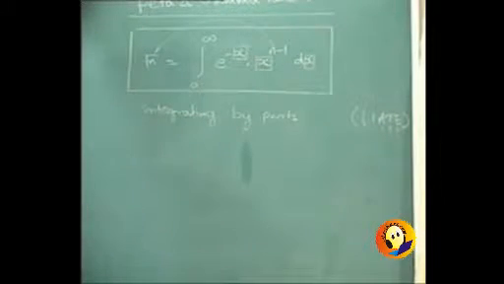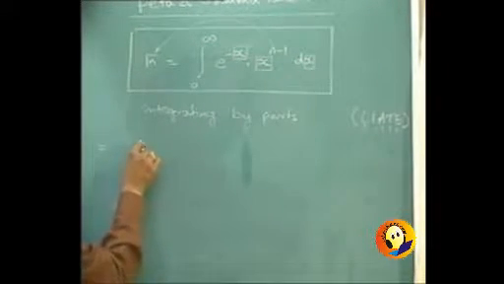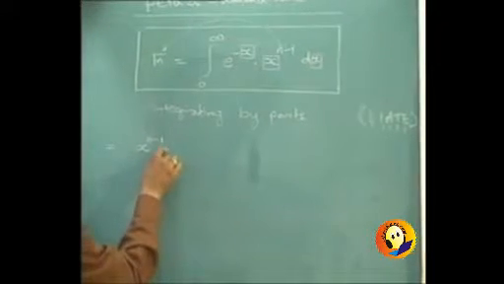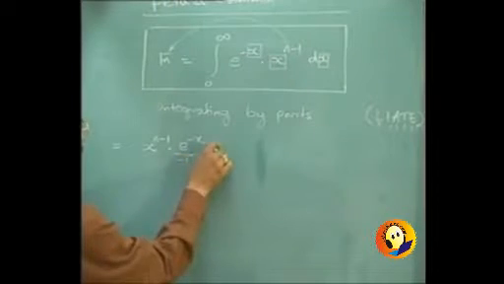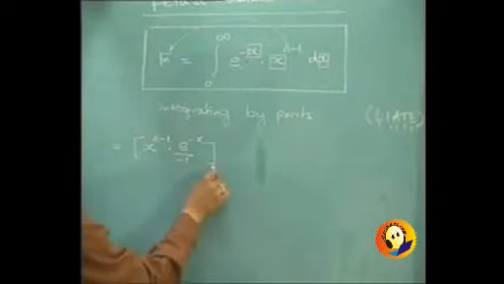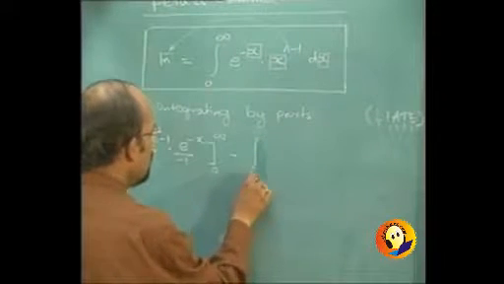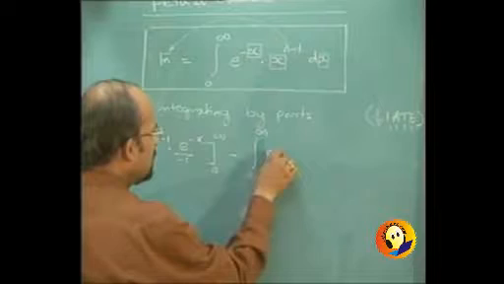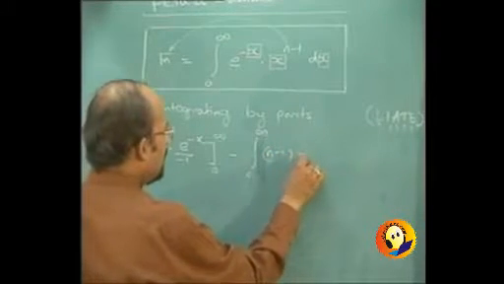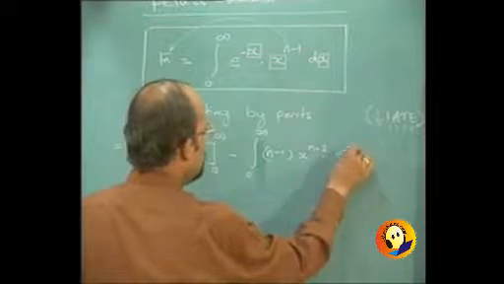If we integrate it by parts, we get: retain first, that is x raised to n minus 1, integrate second, e raised to minus x upon minus 1 within limits 0 to infinity, minus integral 0 to infinity, differentiate first, that is n minus 1 x raised to n minus 2, integrate second, that is e raised to minus x upon minus 1 dx.